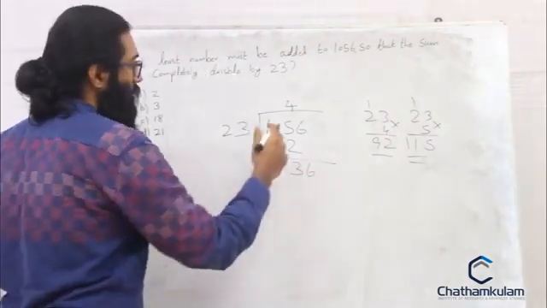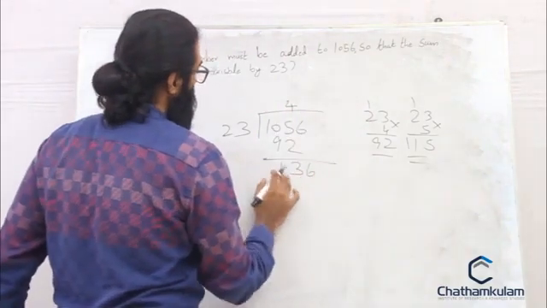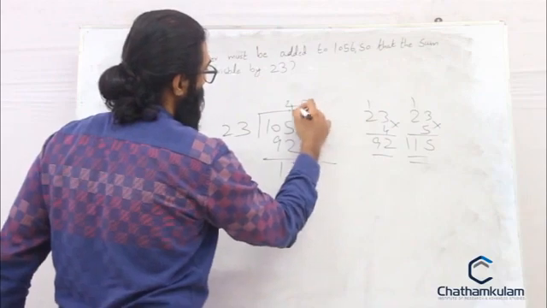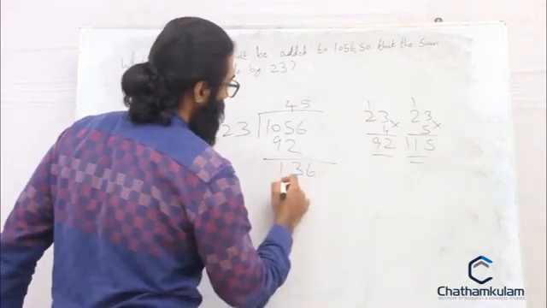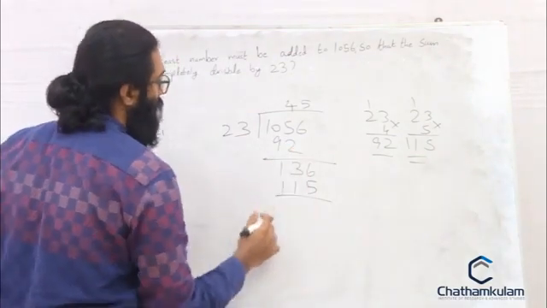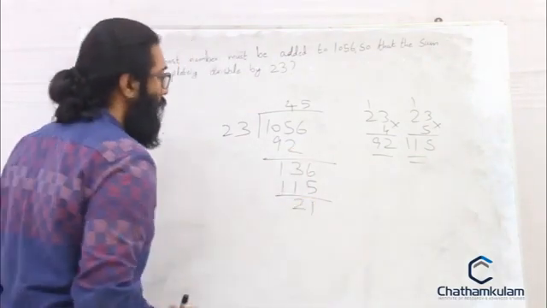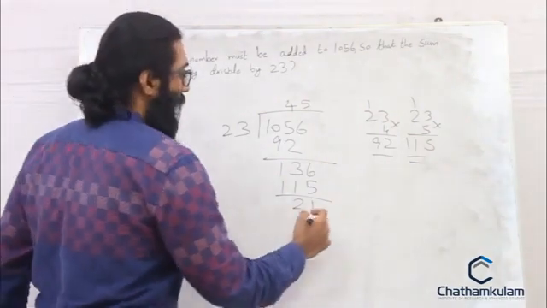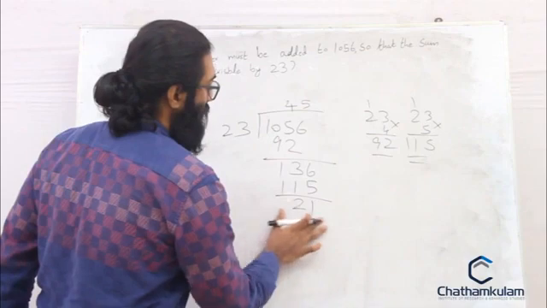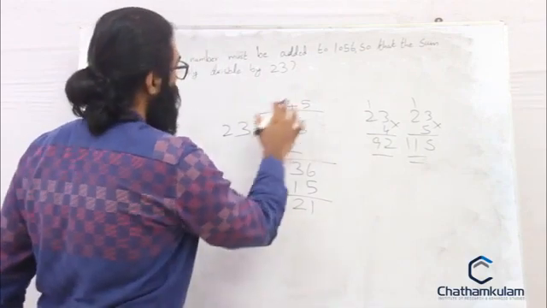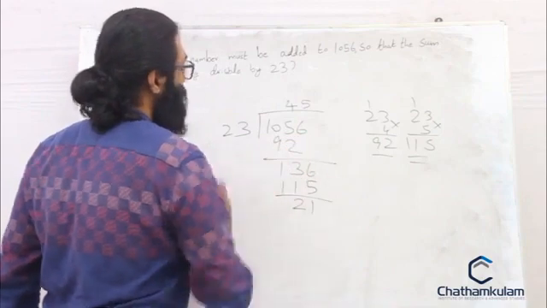We subtract and get the remainder 136. Next, for 136 the multiple is 5, that is, we get 115 here. So we subtract 115 from 136, we get 21. So in this case, which number do we add to this remainder so that the number is completely divisible by 23?